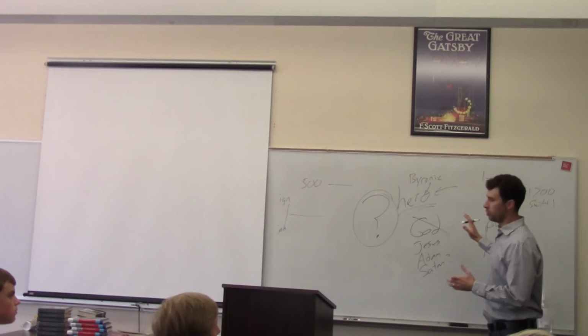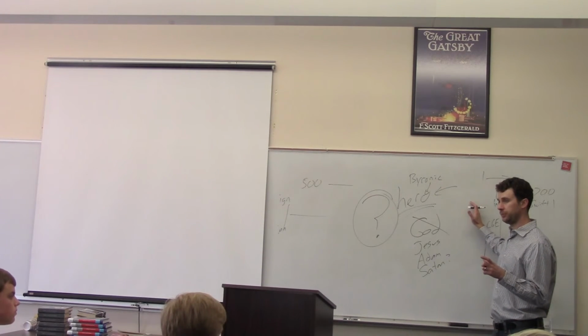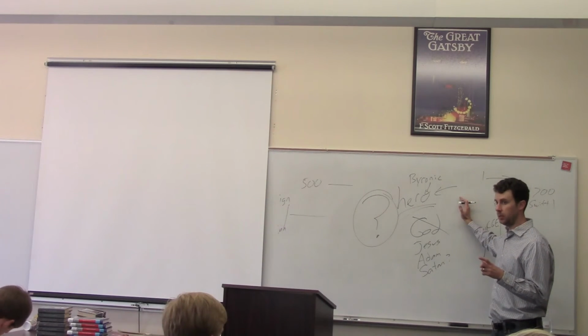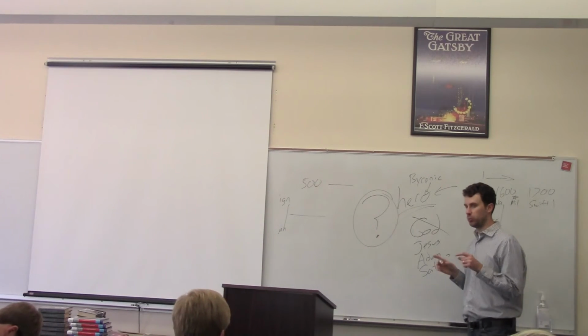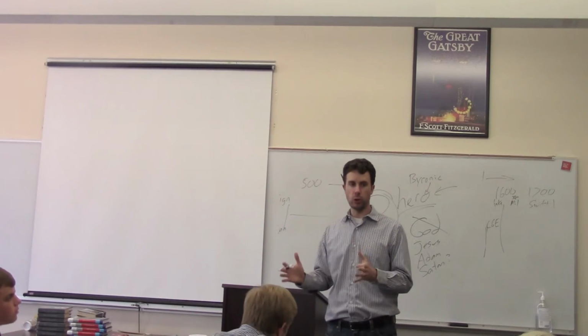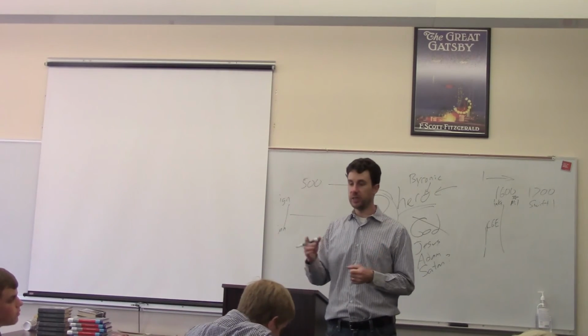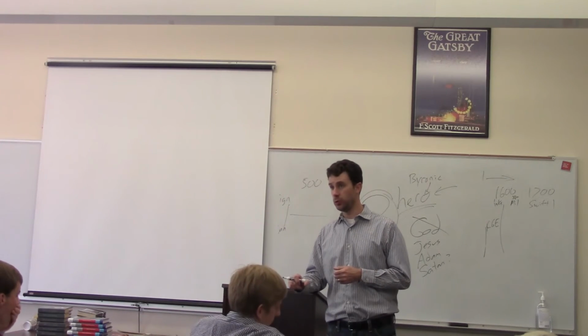Part of the reason I wanted you to read Paradise Lost was, first of all, to understand its place in the canon of literature as an essential epic poem, partly to understand the Byronic hero, but also because we're going to use this as our first test case in what we're going to call close reading. Now, we did close reading a bit in 10th grade. Most of you did close reading your junior year.